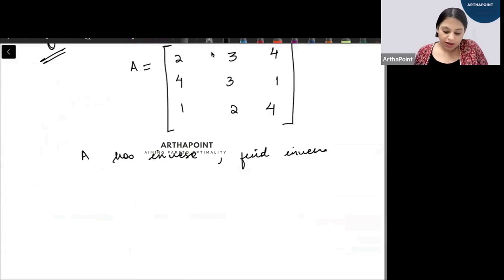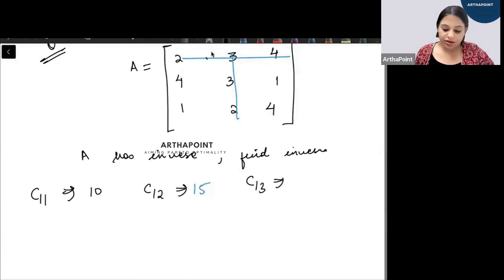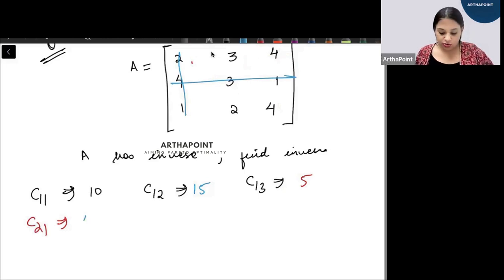So cofactor of 1 1: if you hide its row and column, 12 minus 2 is 10. C1 2, that means first row and second column, if I hide, I will get 16 minus 1, 15. Then C1 3 means first row third column, so 8 minus 3, 5. C2 1 will be second row first column, so 12 minus 8, 4.